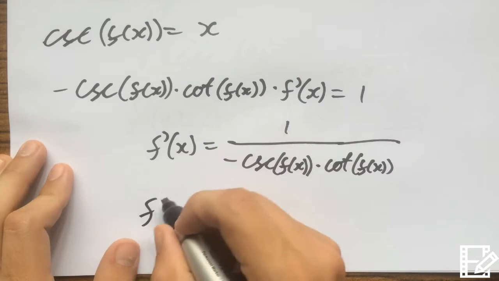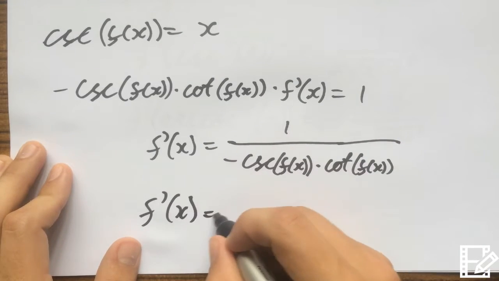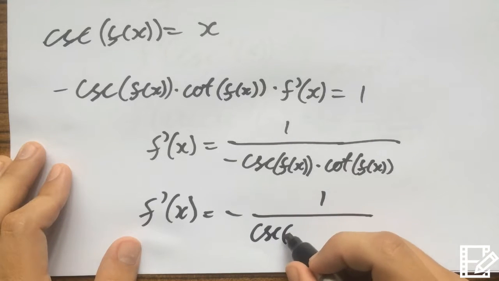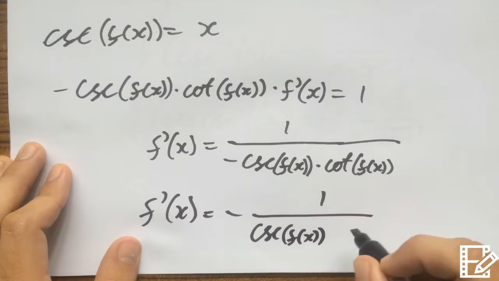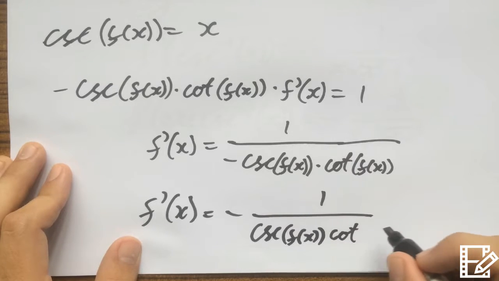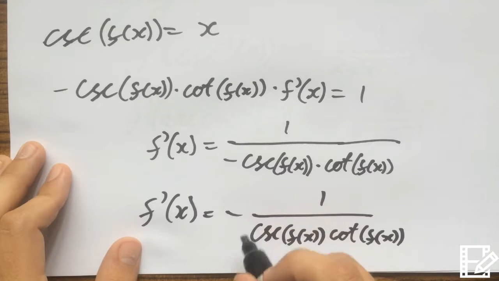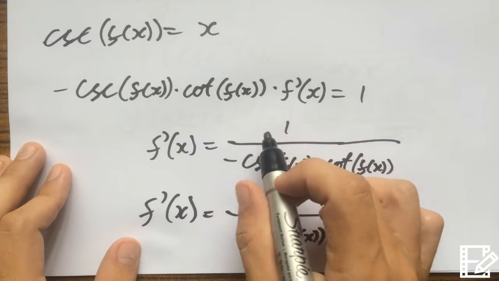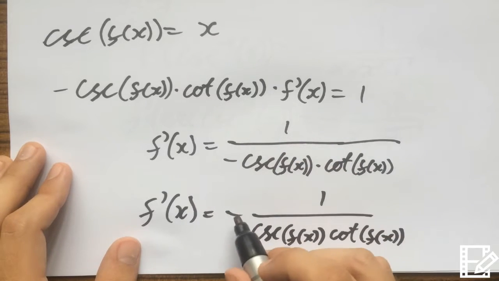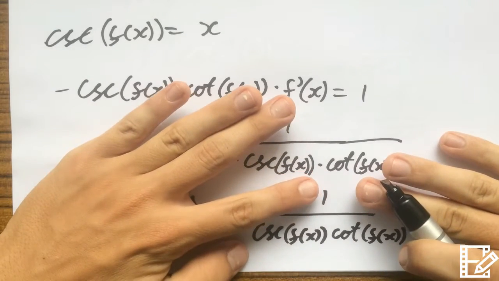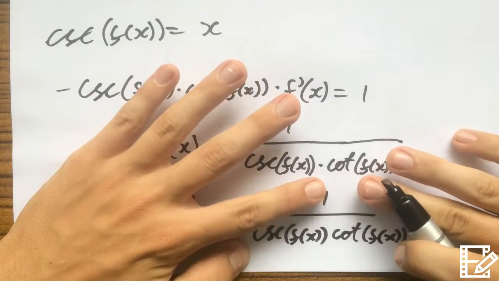Now, I'm just gonna rewrite this with the negative out the front because I don't want anyone to get confused. Hopefully you're not already confused. So what I do is just bring the negative out the front, because the negative on the bottom or the top means the whole fraction is negative, so this is the same thing. Now we're going to focus on cosec fx and cotangent fx, just the bottom line.